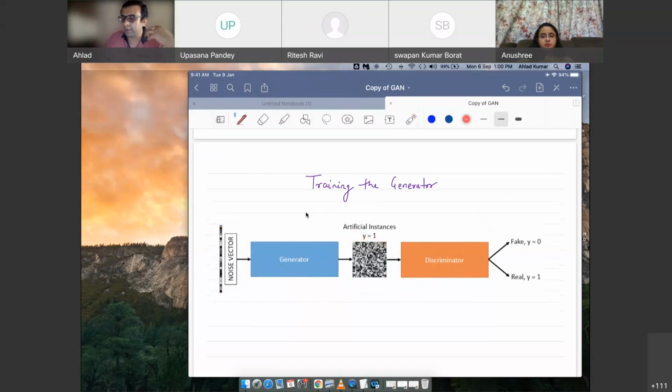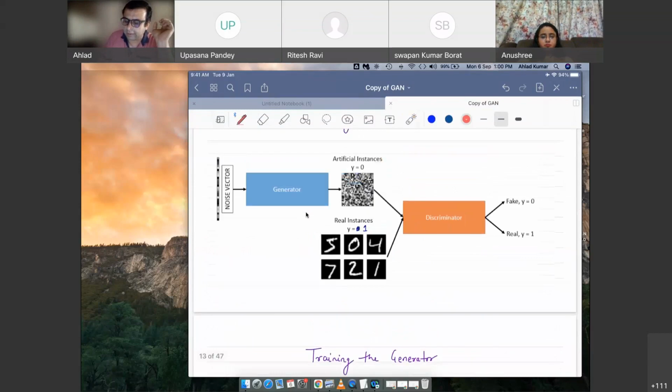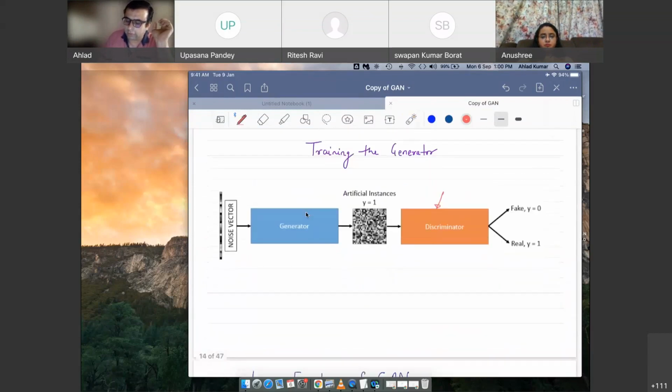Basically, you are trying to fool the system. The discriminator has already learned which is y equal to 0 and which is y equal to 1. But now you artificially put a label of y equal to 1 here and say, okay, this is the real image. You are trying to fool the discriminator by saying this image which I have generated is the real one, and you tell me whether you can discriminate it or not.